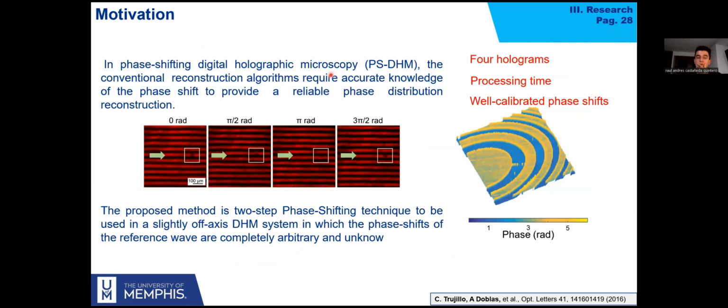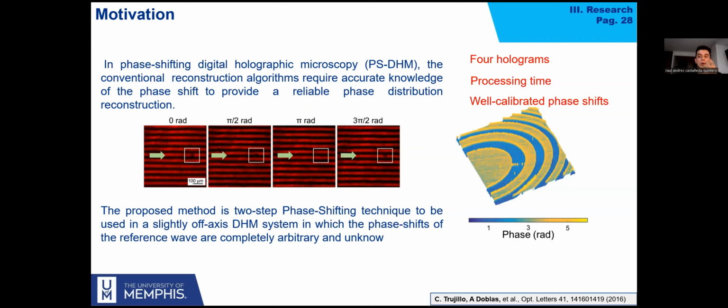The motivation for this work is that the conventional algorithms implemented in phase shifting strategies need at least three holograms. Also, in order to provide a reliable phase distribution, it's necessary to have accurate knowledge of the phase shift between the three or four recorded holograms.